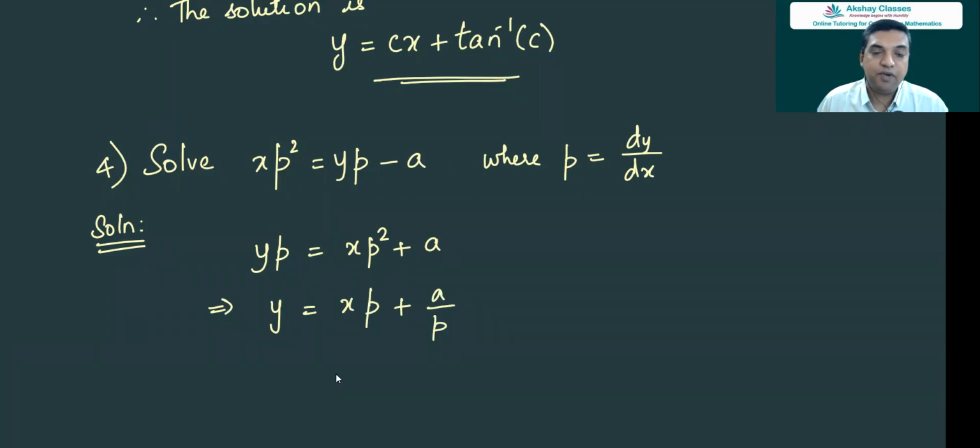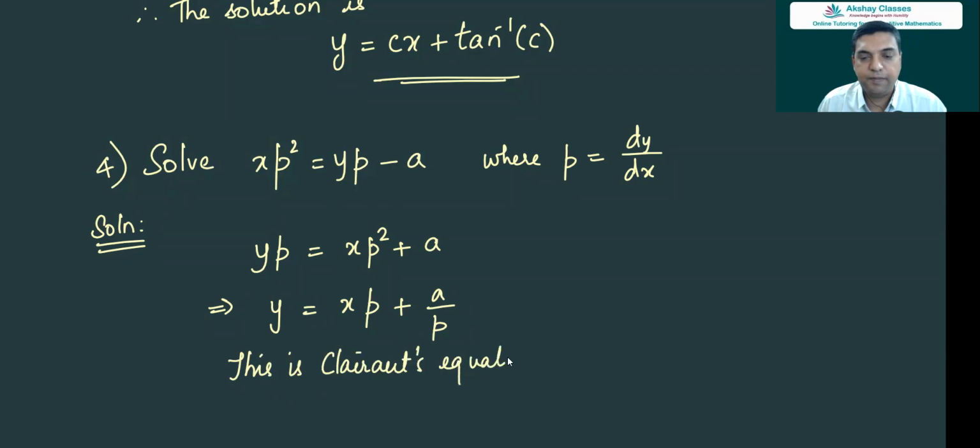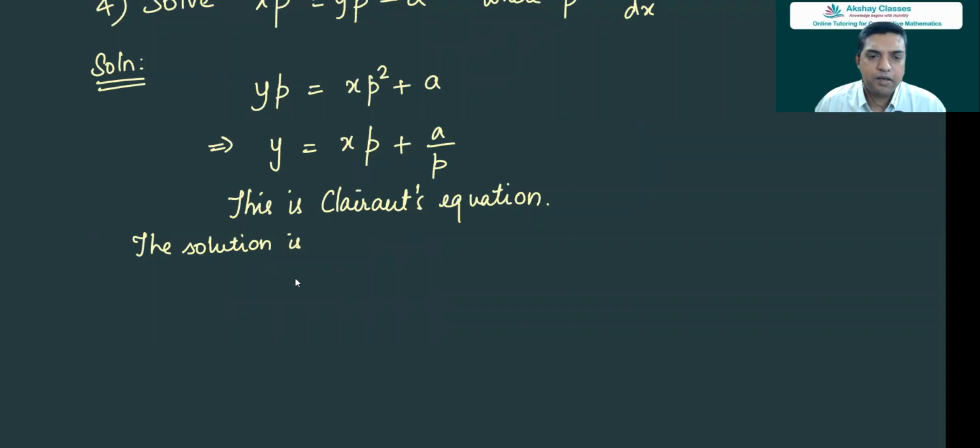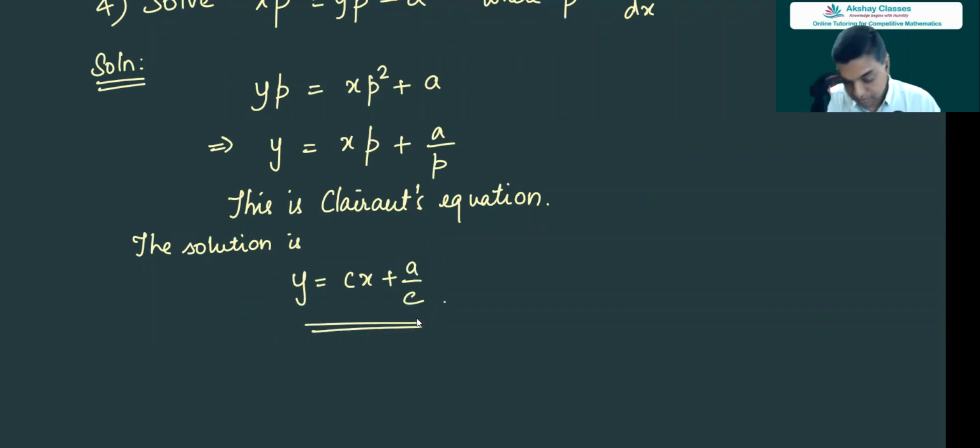Now this is of the form Clairaut's equation, y equal to px plus f of p. The solution is, y is equal to cx plus a upon c. That's all. Replace p by c. That's the Clairaut's equation.